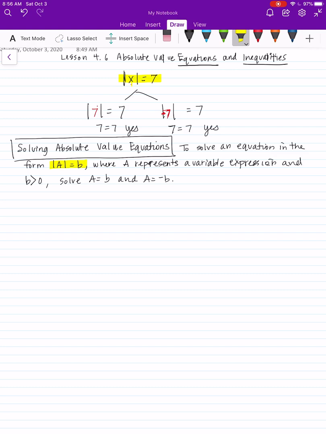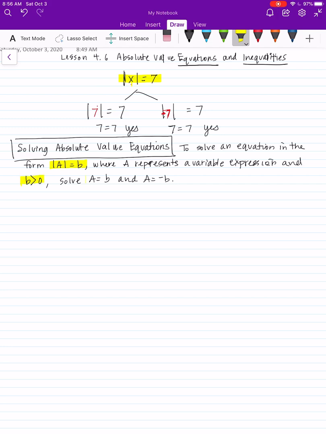Where A represents a variable expression. It happened to be just a number here, but it could be a variable expression, or it happened to be just a variable, I guess. And then B is greater than 0. So B is greater than 0 is going to come into play real soon.